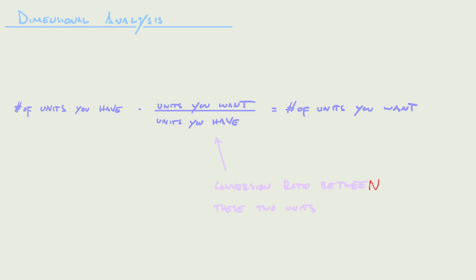And then you'd end up with the number of units that you want. So here I have number of units you have multiplied by number of units you want divided by number of units you have. The units that you have cancel, and after you do whatever this multiplication is, you're going to be left with the number of units that you want.